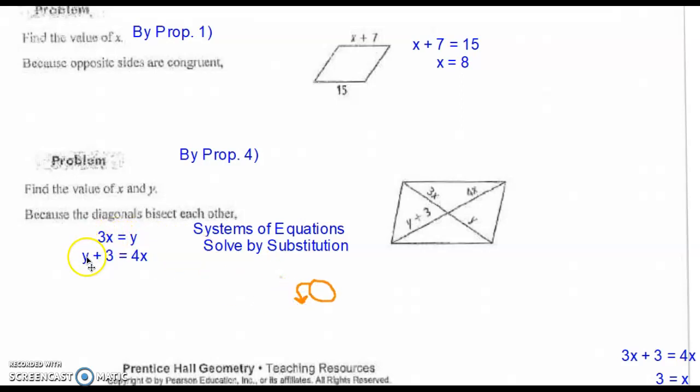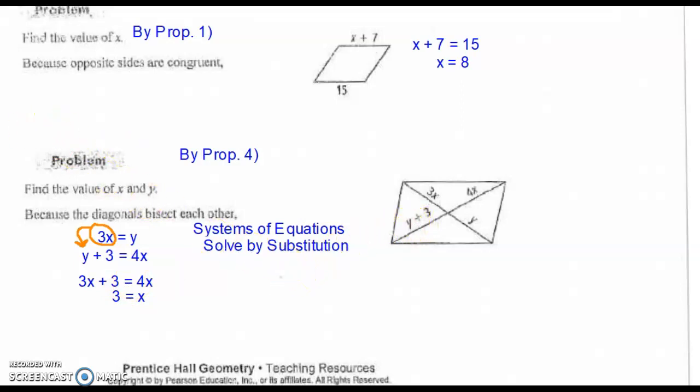Guess what? There's a y. So we're going to take what this y equals, 3x, and plug it right there. So we're going to get this equation. And when we subtract 3x from both sides, we're going to get 3 equals x. So there's how to solve that one.